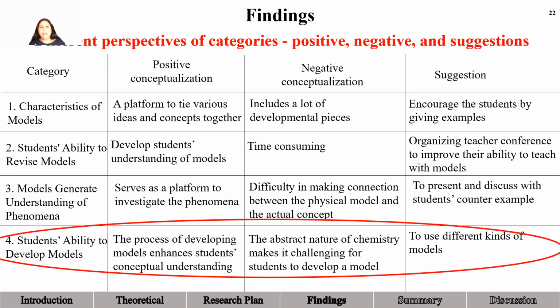On the other hand, negative conceptualization shows that the abstract nature of chemistry makes it challenging for a student to develop a model. One teacher also suggested that we should use different kinds of models while teaching and learning chemistry.